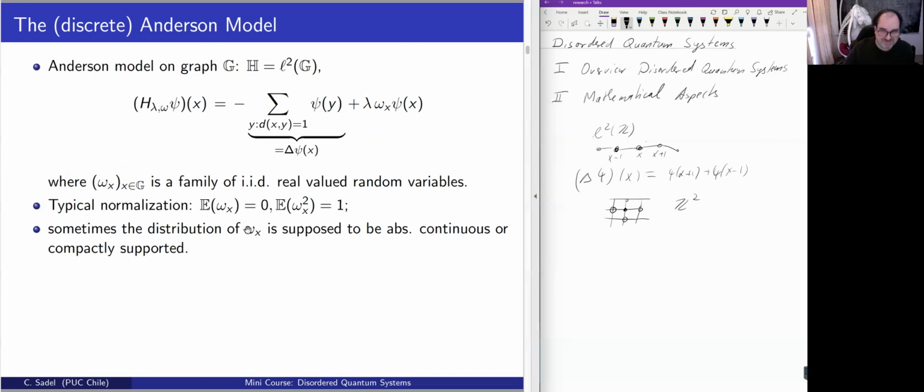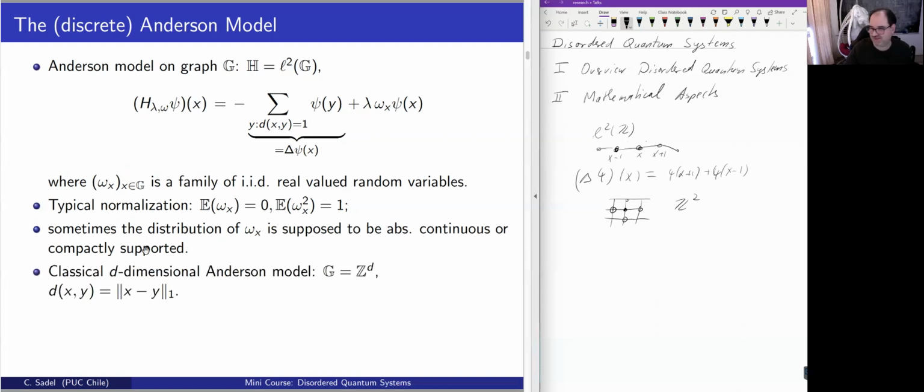Okay, and sometimes one needs stronger assumptions, like the distribution being absolutely continuous with respect to the Lebesgue measure or compactly supported.